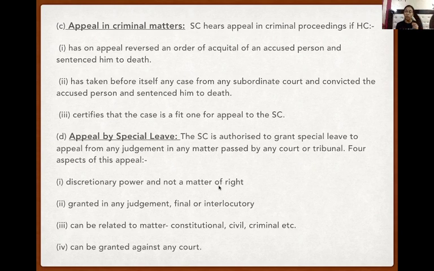If the Supreme Court feels that this person is right that the procedure was not followed in the case, it will allow your special leave petition, and then your case will be appealed in the Supreme Court. It is not a matter of right, because it is nowhere mentioned in your rights.